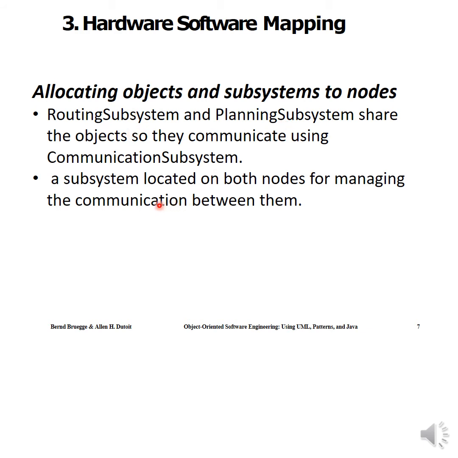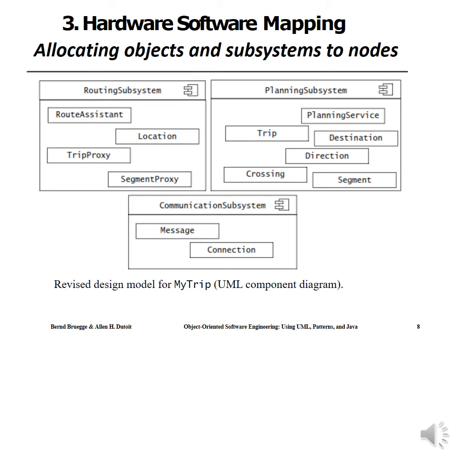And why is communication required? Because they share common objects. So this is the revised design model for MyTrip after adding the communication subsystem into it.